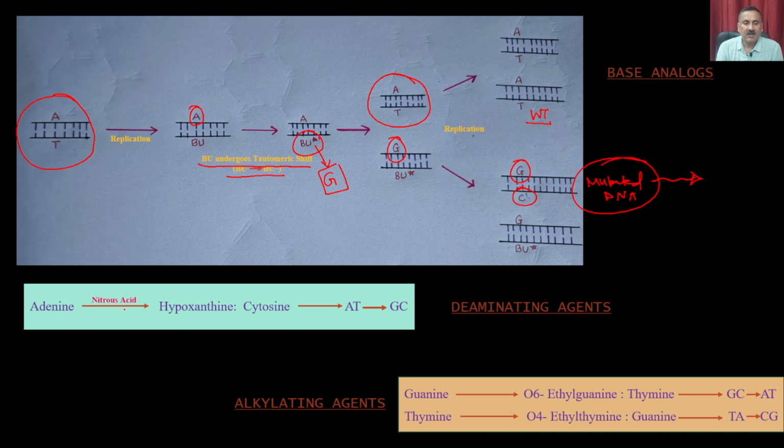Similarly, you can have the deaminating agents. For example, adenine, when it is attached to the nitrous acid, is going to get converted into hypoxanthine, or the cytosine, when it is going to get converted into uracil.